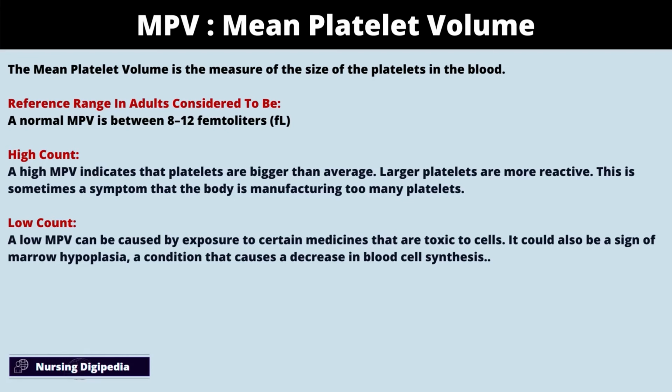This is sometimes a symptom that the body is manufacturing too many platelets. A low MPV can be caused by exposure to certain medicines that are toxic to cells. It could also be a sign of marrow hypoplasia, a condition that causes a decrease in blood cell synthesis.